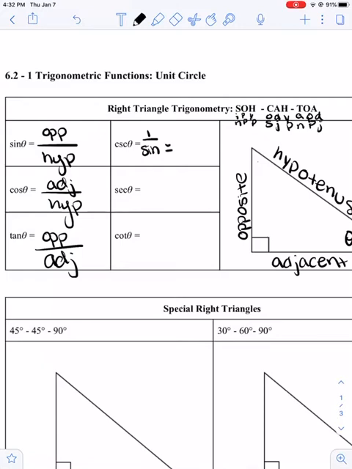So sine is opposite over hypotenuse, so cosecant, which is 1 over sine, is really hypotenuse over opposite. Secant is 1 over cosine, so we flip what cosine is: hypotenuse over adjacent. Cotangent is 1 over tan, which equals adjacent over opposite.